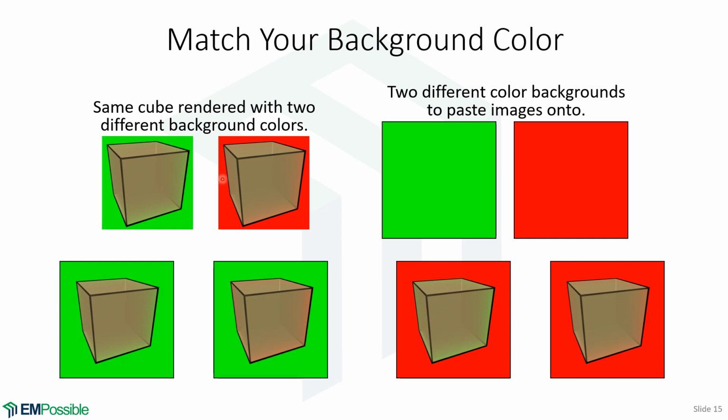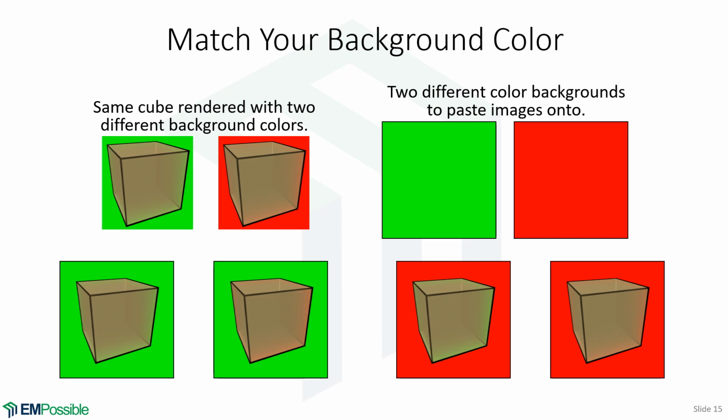Okay, so here's both of these cubes put onto a green background. So the object rendered with the green background, the green made transparent, and then put on yet another green background, this looks nice. I can see the green through it. However, if I took the object rendered with the red background, made the red transparent, and put it on a green background, this starts to look a little bit goofy because now when I'm looking through the object, I see red and not green.